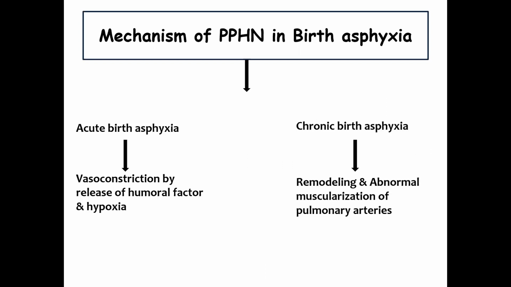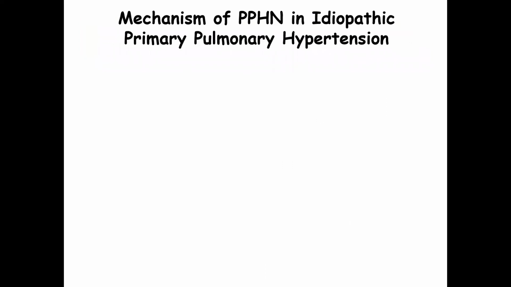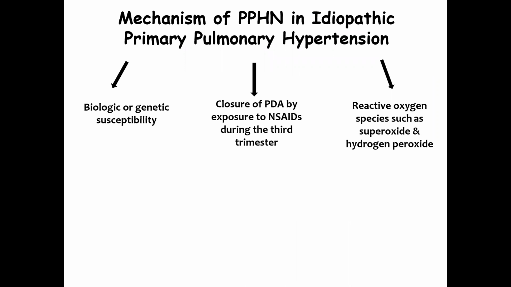Whereas in birth asphyxia, PPHN is driven by pulmonary vasoconstriction due to release of humoral factors, and in chronic hypoxia, there tends to be extensive remodeling and abnormal muscularization of the pulmonary arteries, again leading to increase in pulmonary vascular resistance.